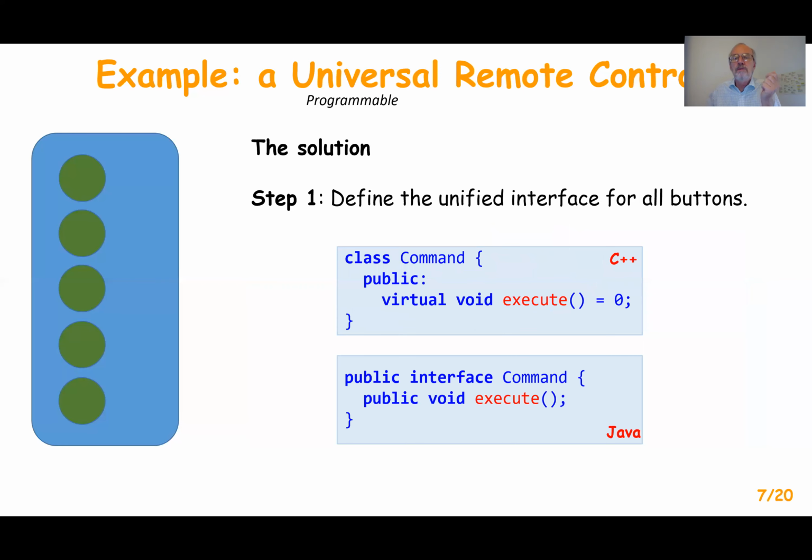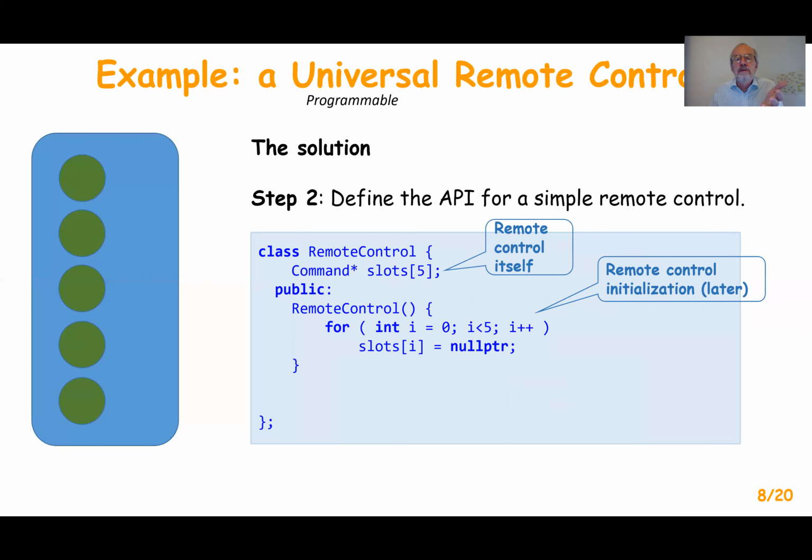Coming back to the previous slide, command is an abstract class, as you might understand, or interface if we take Java. This means that there are no instances of that class just because it is abstract. But nevertheless, we can make pointers to abstract classes. This is by the C++ language definition.